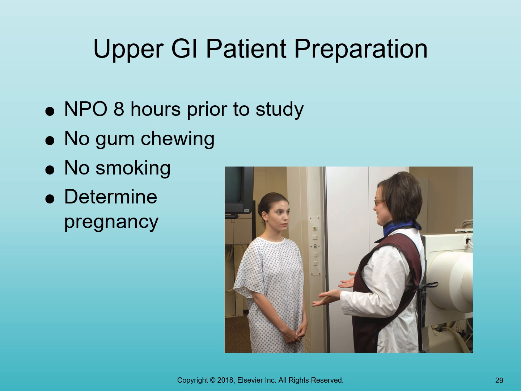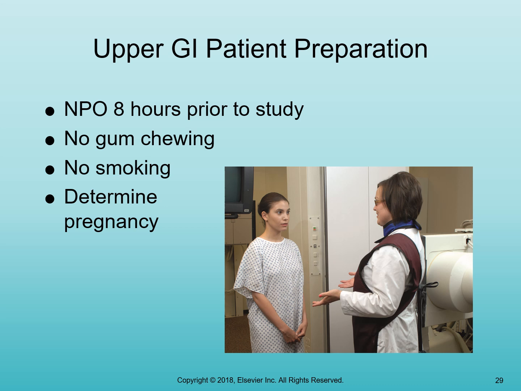And the goal always when you're imaging a hollow organ is to start with that organ completely empty. So in order to do that for an upper GI, the patient is told that they are NPO, which means non per os. It's Latin for nothing by mouth, typically from midnight on. It should be that the patient is without food or fluids for a minimum of 8 hours prior to the exam.